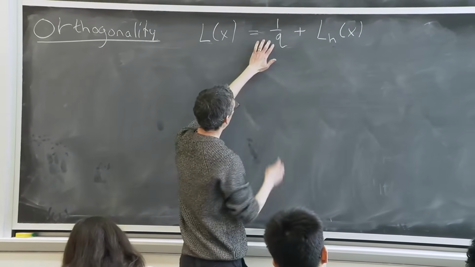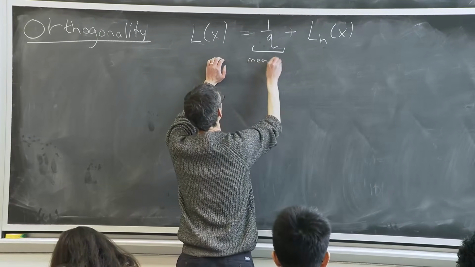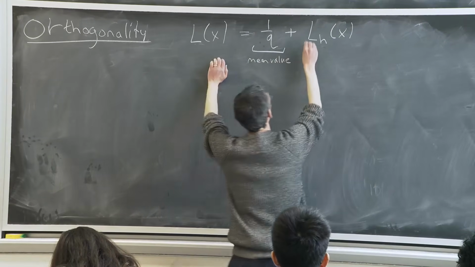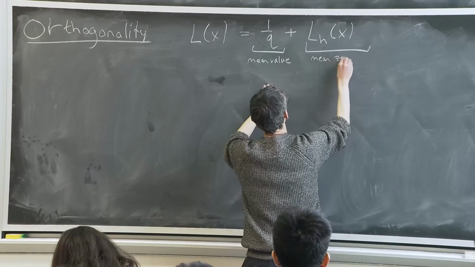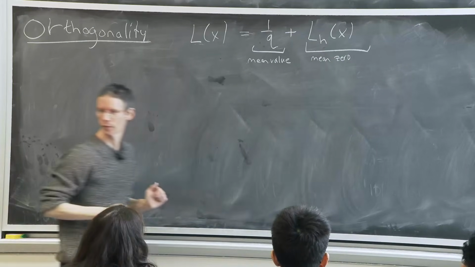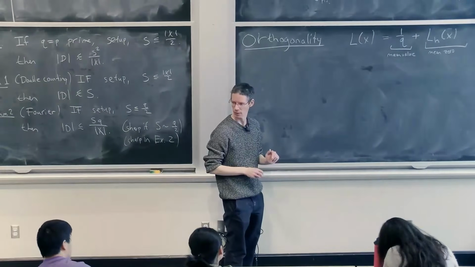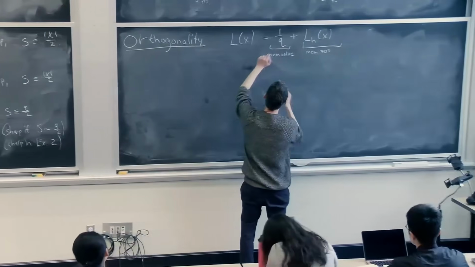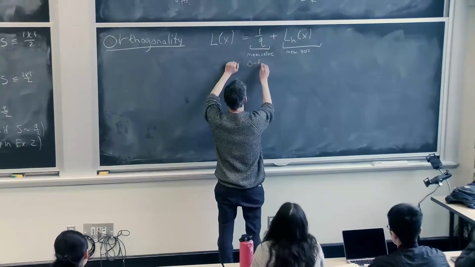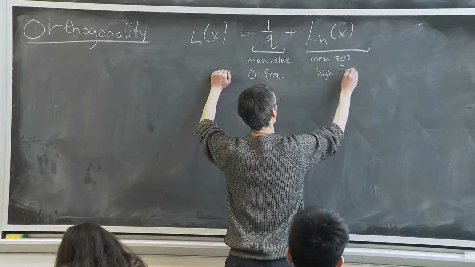So this is the average value of our function. And therefore, the leftover piece has mean 0. Not value 0, it has average value 0. I also will think of this as the 0 frequency piece and the high frequency piece in terms of Fourier analysis.